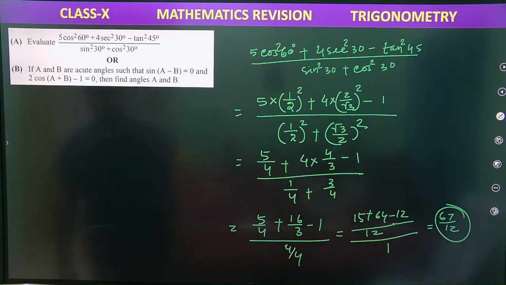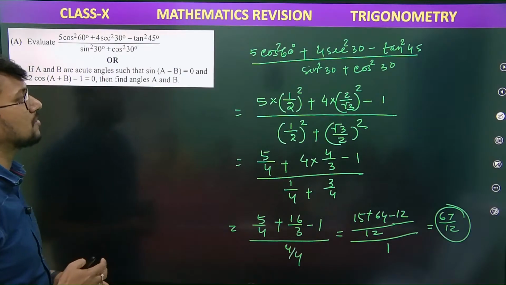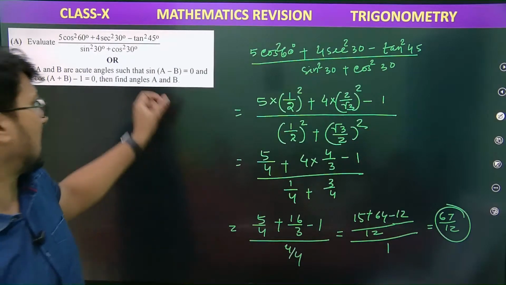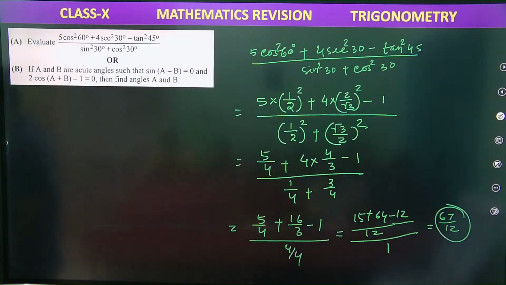Write this. Next question. In the next question also you have to use the same special angles. If A and B are acute angles such that sin(A minus B) is 0, find, solve, everyone. Okay.